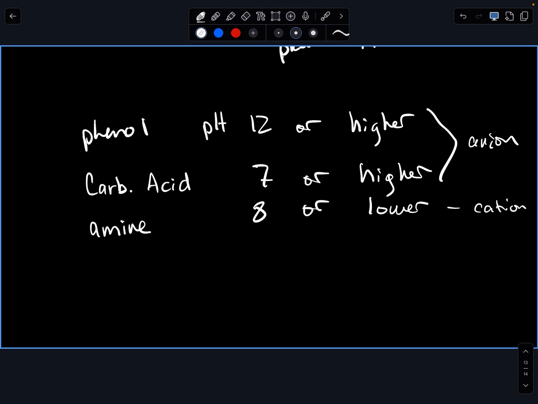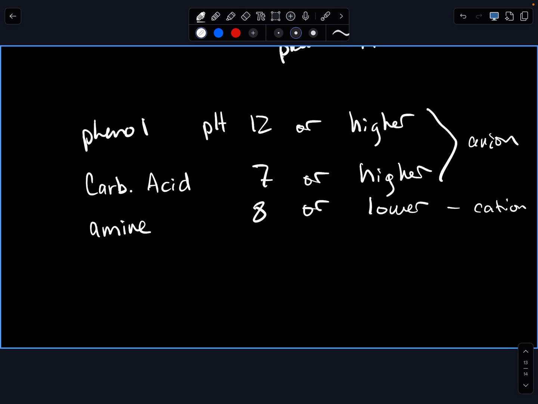Carboxylic acids have pKa's of 5, so we want to go 7 or higher. And amines, when they're protonated, have a pKa of 10, so we want to go 8 or lower. Keep it positively charged. And then if it's not one of those three things, it's just going to be neutral no matter what, and it's going to stay in the non-polar phase, the organic solvent phase. Does that make sense? Yes.